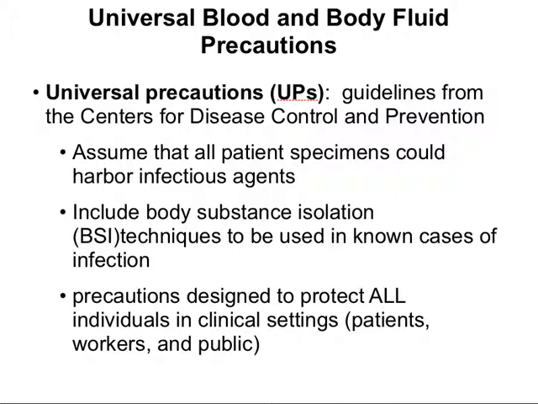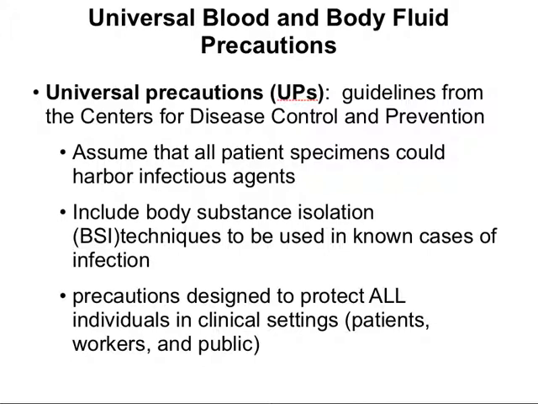Previously, our control guidelines were disease-specific, and only clearly identified infections were managed with any sort of restrictions. However, the AIDS epidemic spurred the CDC to bring in more stringent guidelines. These were the universal precautions. So no matter what the patient was, we assumed that that patient could harbor infectious agents.